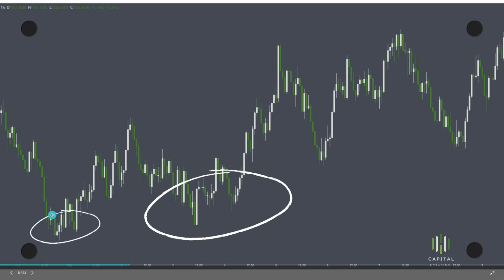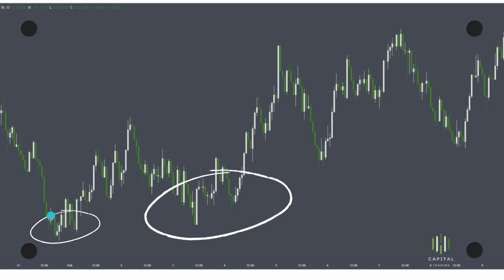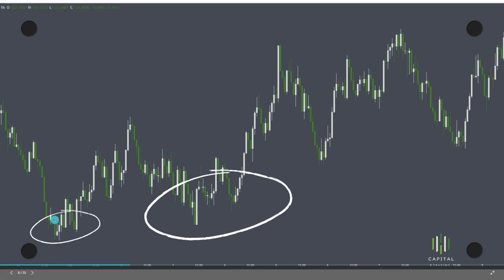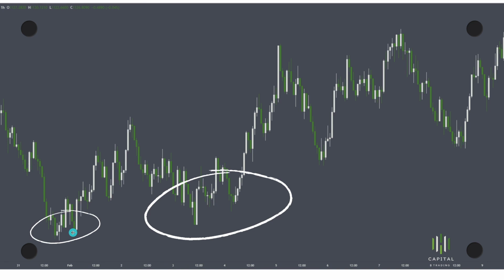So what that means is they took out the high of this candle and they went up, and then they came back and found support in this area or in this level. So what we do is we are going to find an entry. We utilize this to find a buy. We go long here, and then exit at a specific level on the upside.